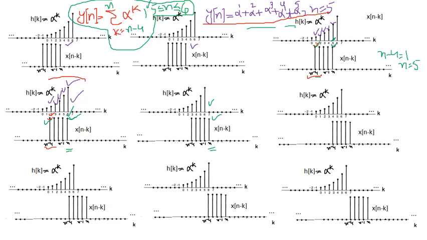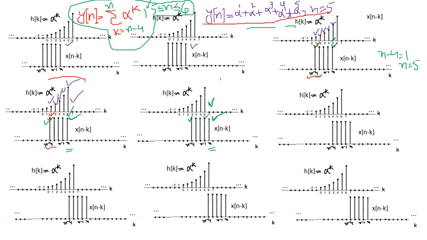After 6, when you again shift 1 unit, you see now n coincides with 7, so at 7 we have 0 overlap, right? So the non-zero overlap is from 3 up to 6. It is from 3 up to 6.